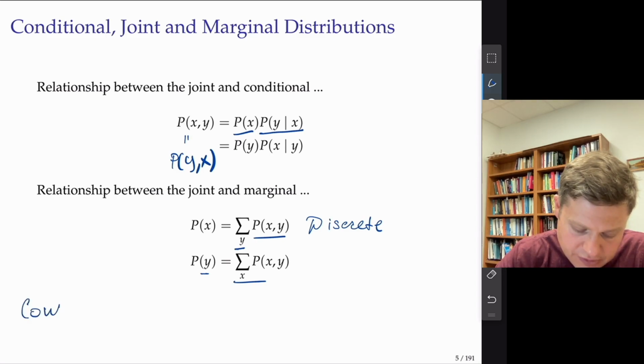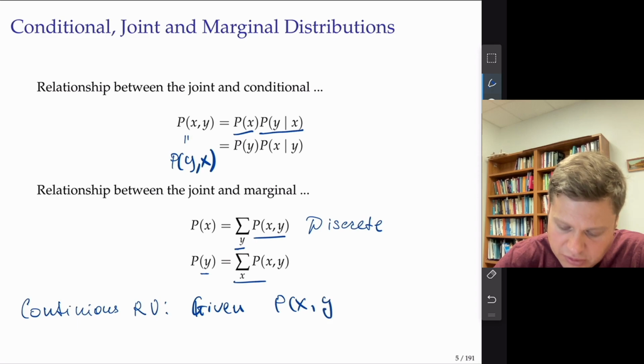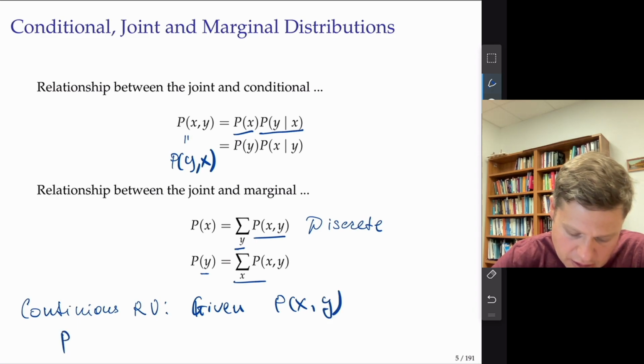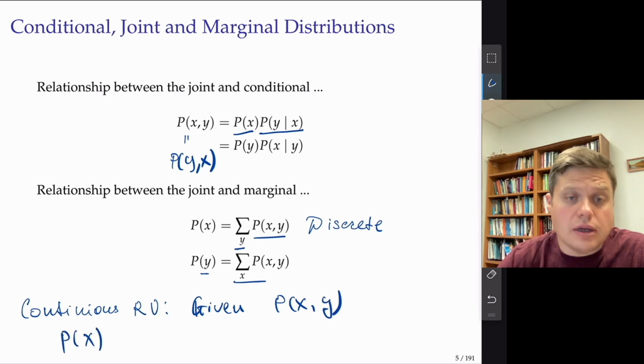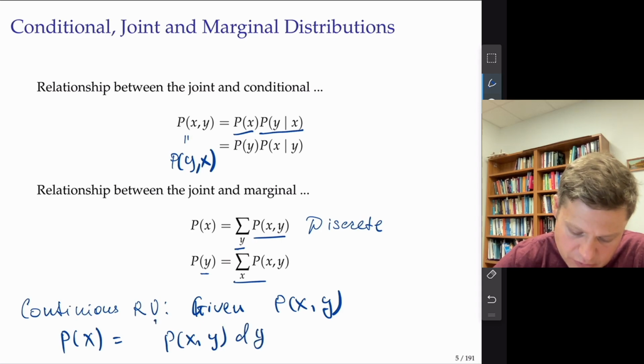So for a continuous random variable, if you're given joint density over two variables p of x and y, and you want to calculate marginal over x, you just take this joint over x and y and you integrate y out from it.